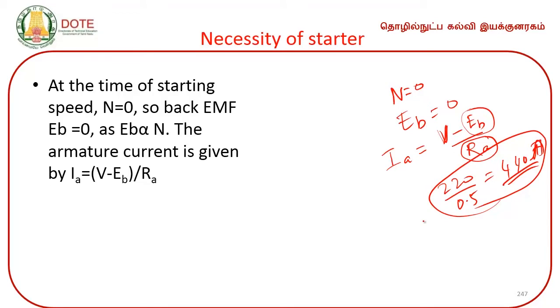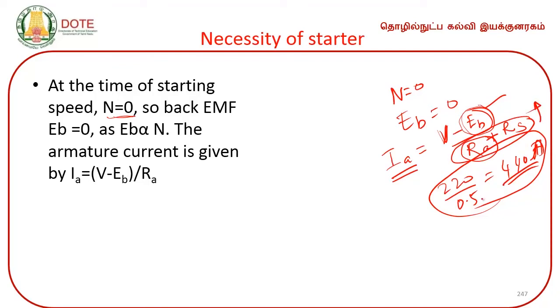So, what we need to do is, at the time of starting, the speed is almost 0. So, we need to have a mechanism to check this magnitude of current. When the rotation of the motor is 0, E_b is 0. So, in order to compensate for the value of E_b, we need to include much more resistance, say for example R_s, a much higher resistance here.